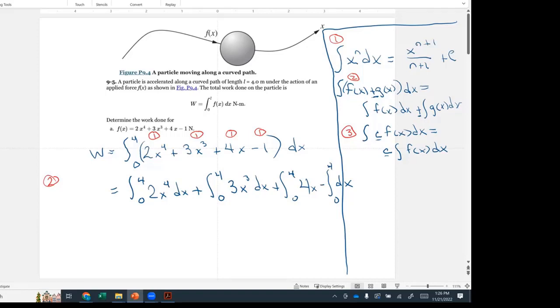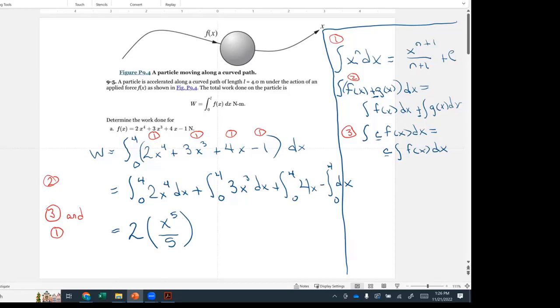I'm going to use 3 and 1 at the same time, just so I don't have too many steps. What I'm going to do is take the 2 outside of the integral sign, and then integrate x to the 4th, which is using number 1. X to the 4th is going to be x to the n plus 1, which is 5, divided by 5.